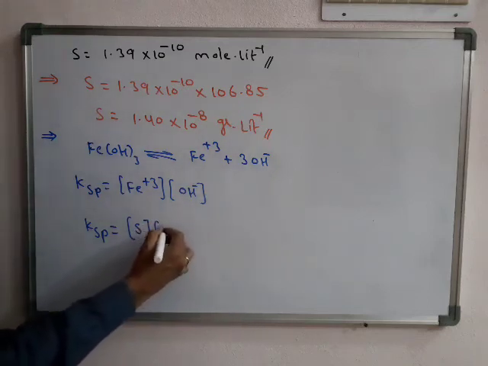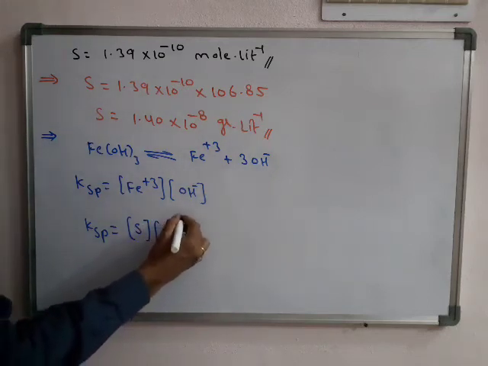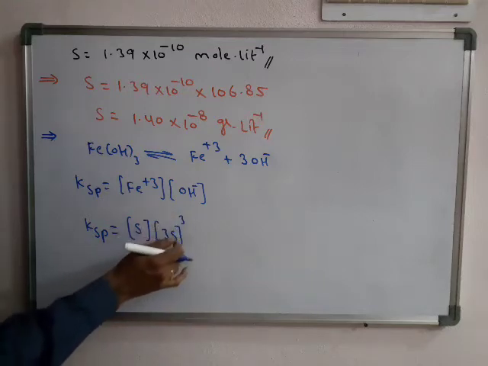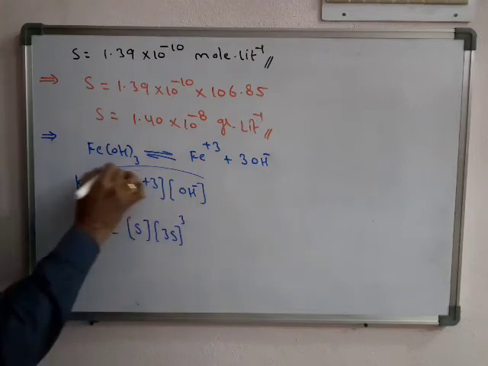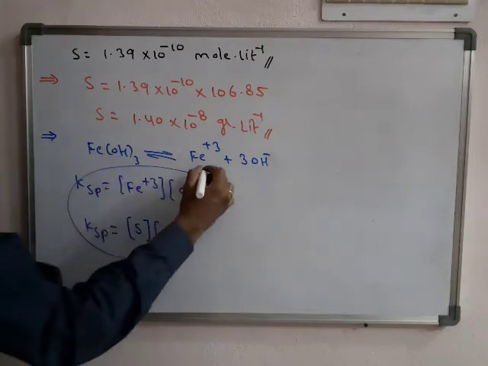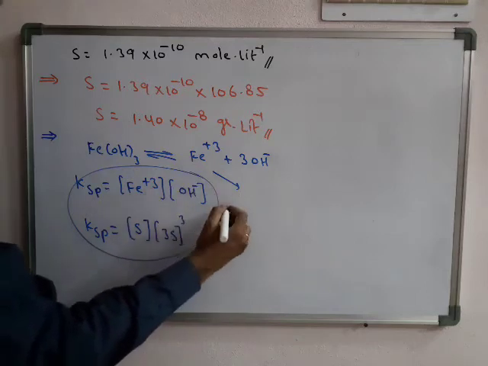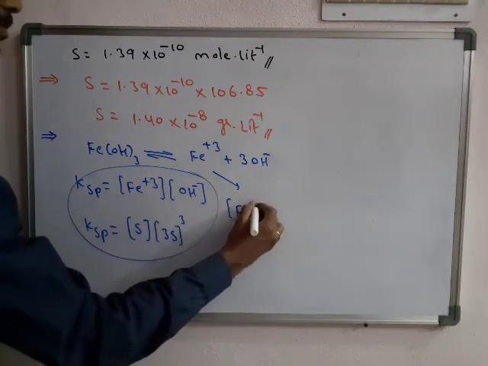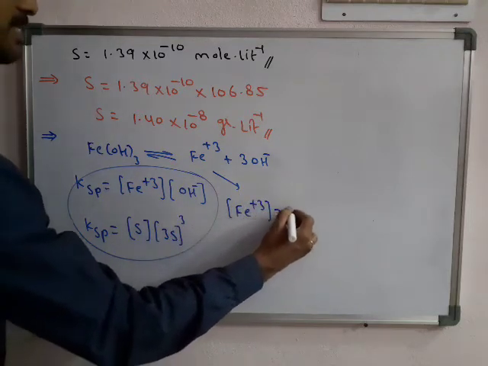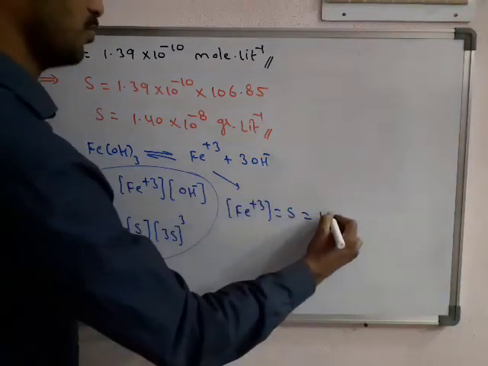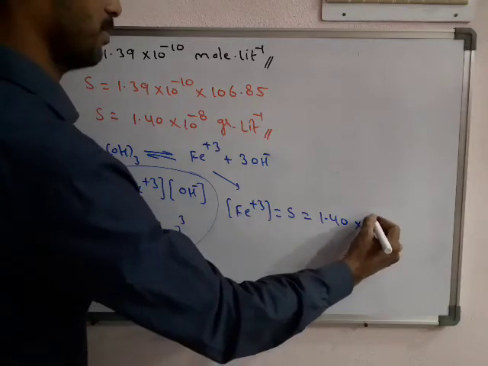So generally it can be taken as 3s whole cubed as the general formula. That's why the total becomes 27s^4. So based on this, the solubility of Fe³⁺, meaning the molarity of Fe³⁺, is nothing but equal to s. So that is how much? 1.40 into 10 power.